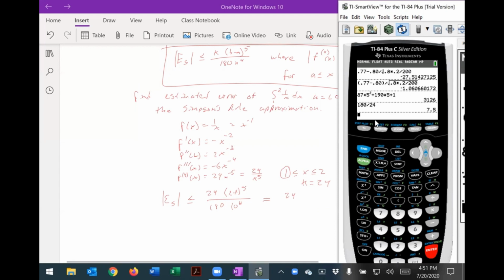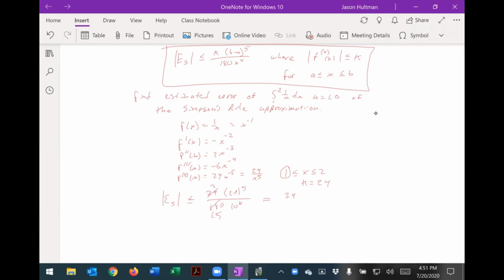It really doesn't go in evenly, but if I divide both top and bottom by 12, I would get 2 over 15. So this is 2 over 15 times 10 to the 4. Well, 10 to the 4 is 10,000. So this is 15 times 10,000, which is 150,000, I believe.